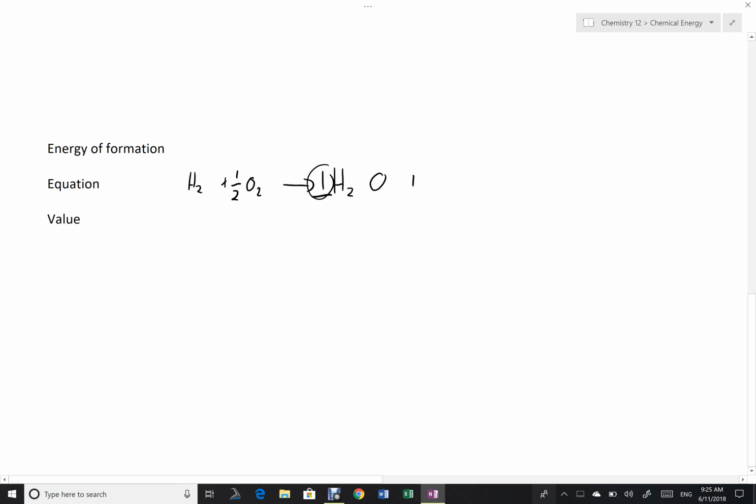If this happened in real life, and it was 1 mole of the reaction happening, then energy would be produced in this reaction as well, because this bond formation would be exothermic, this is more stable. So it's going from a high energy state to a low energy state.